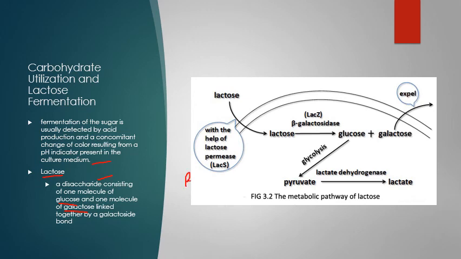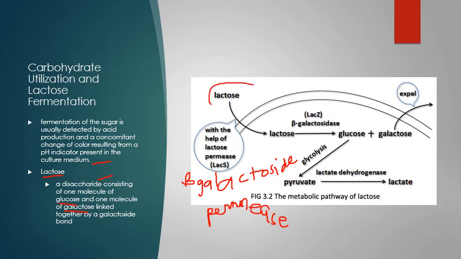beta-galactoside permease. Okay? So, the beta-galactoside permease would help the transport of your lactose across the cell wall para makapasok siya dun sa bacterial cell.